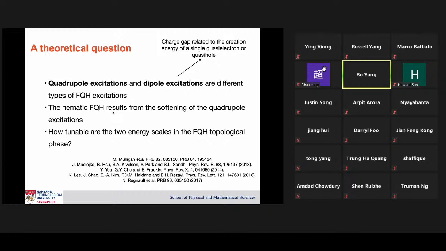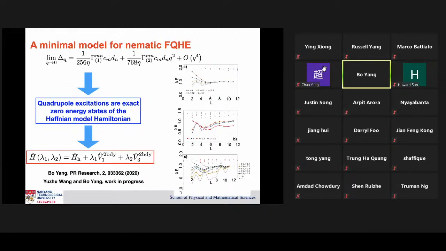Okay, so theoretically, the interesting question is how tunable these two energy scales are when you tune the bare interaction between the electrons. So we have studied this very extensively in many different ways. So there is some analytical derivation of the energy gap in the long wavelength limit of this quadrupole mode. People also call this a graviton mode because it's coming from the metric fluctuation.